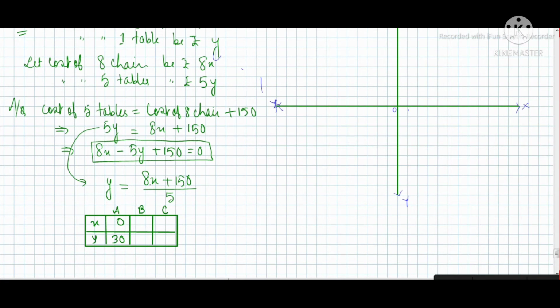Minus 40 plus 150 is 110. Now 110 divided by 5 is 22. So if I put minus 5 here, then it will be 22.